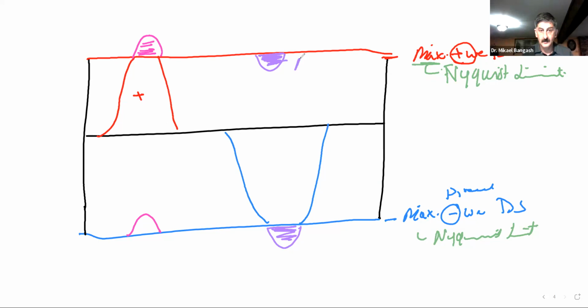So this will be your aliasing. This here is your aliasing.